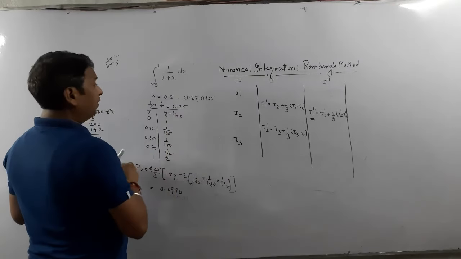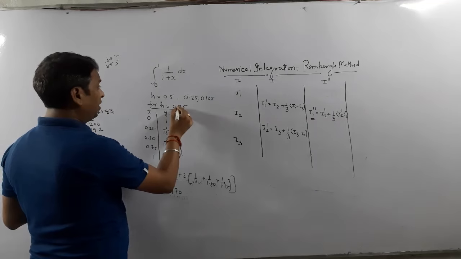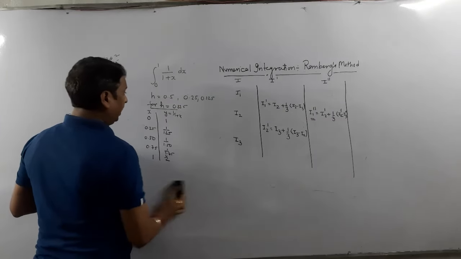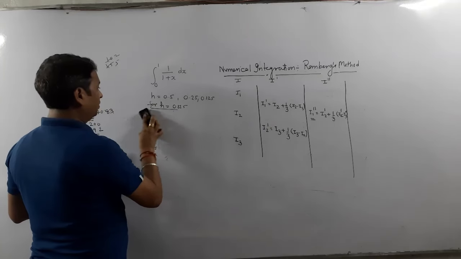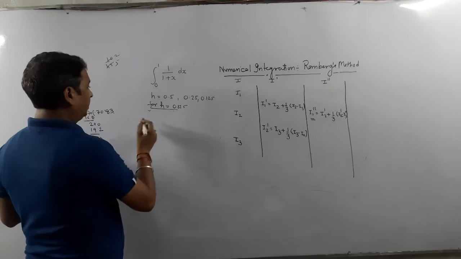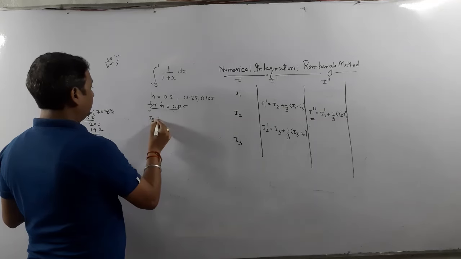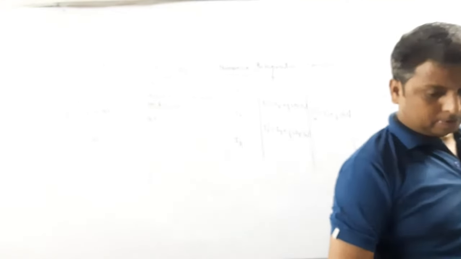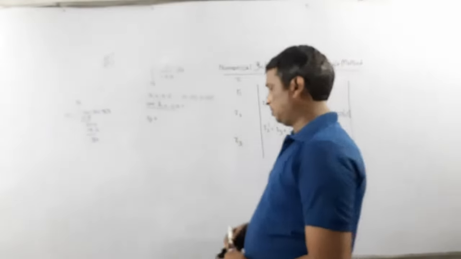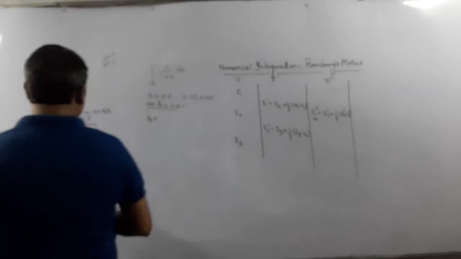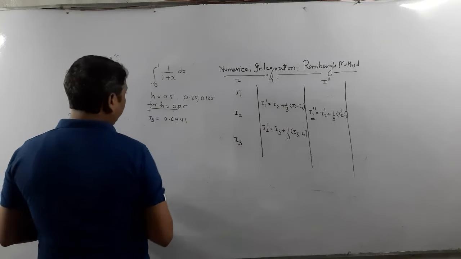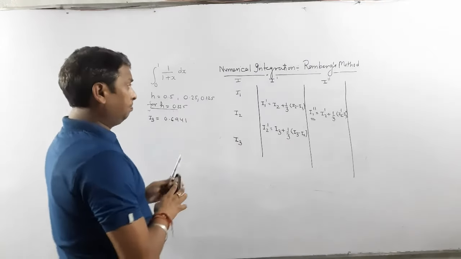We have to take h value 0.125, again make the table and calculate. What is I3? Please do it by yourself, it's very simple. It will come 0.6941.